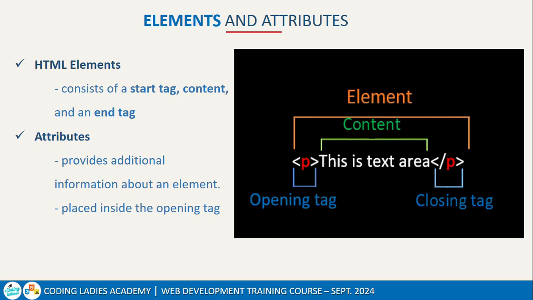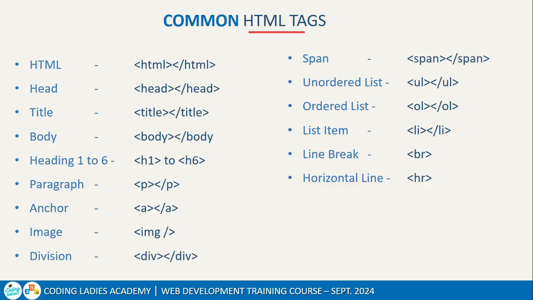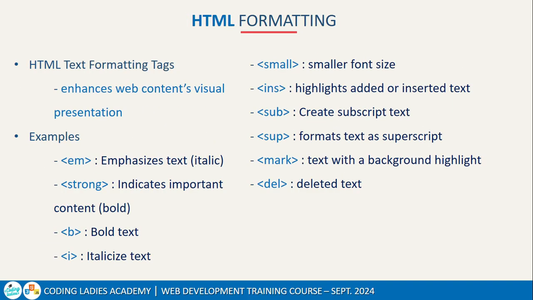All right, so these are some HTML tags that we went through during our last session. Then we went through some formatting tags, where, without using a style sheet or CSS, you can style the text. So maybe you can bolden it, italicize it, and others. All right, then how to comment in HTML.